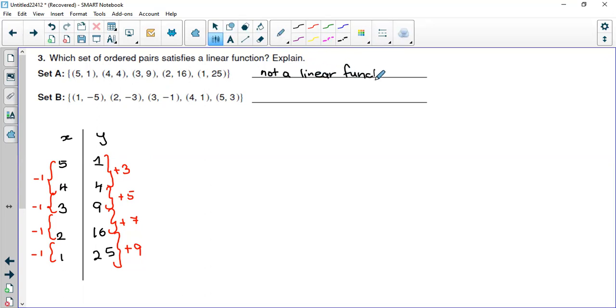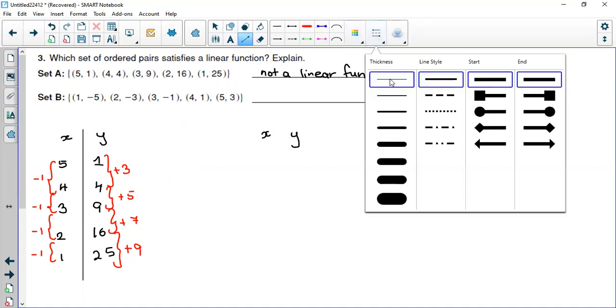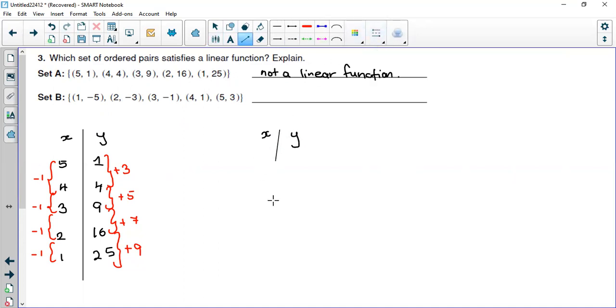And they said explain, so you can explain it in your own words, saying the change in value of y is not constant. That's how you explain. Now in a similar way, let's do it for set B. This was for set A. Let's do it for set B. Writing it like this would make it easy for you to solve, like finding the difference.